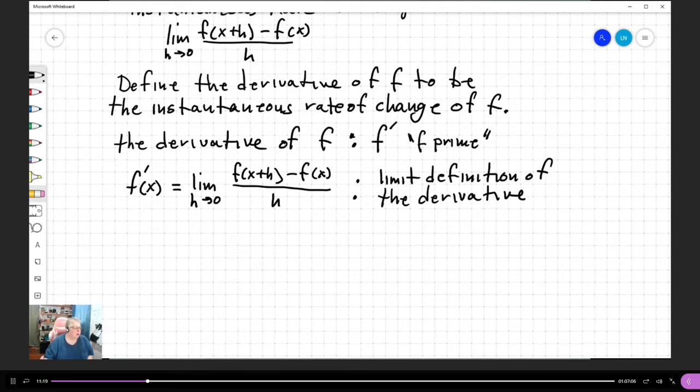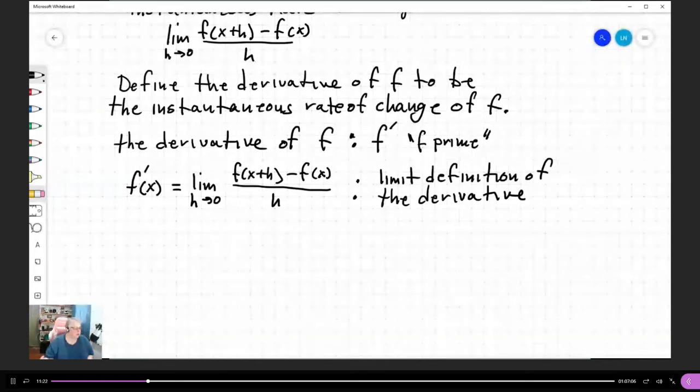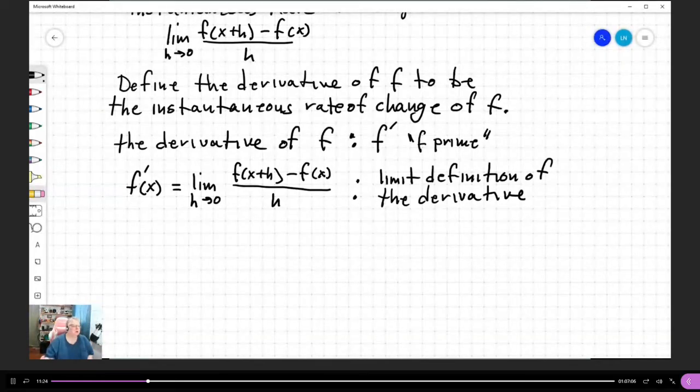All right, so let's look at some other notations for the derivative. The most common one you're going to see me use is f prime. But if I don't have something written as a function, if I have it written as a y equals equation, then I would write the derivative of y with respect to x, and we write that as dy over dx.